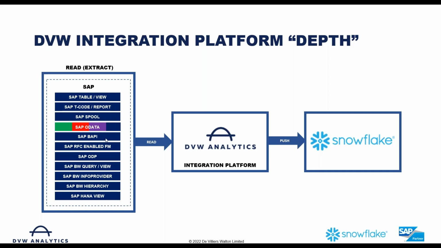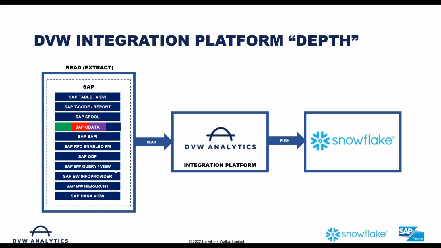Also, in a more technical sense, we can connect to BAPIs or function modules that have been RFC enabled. This is a very useful way to connect to the data and a well-governed way, well known in SAP circles, of course. If you need delta loads, then it's possible to leverage the ODP connectivity, the SAP ODP solution.